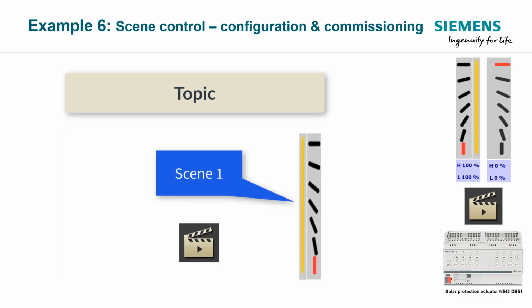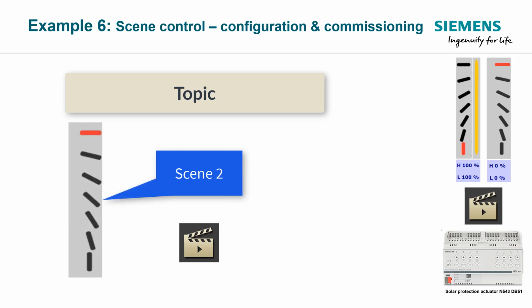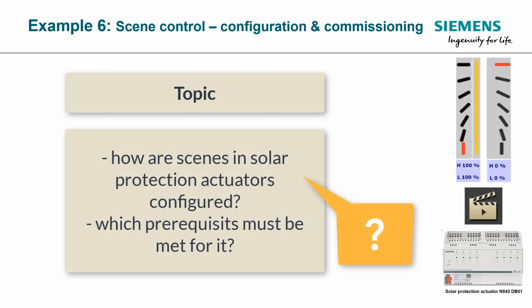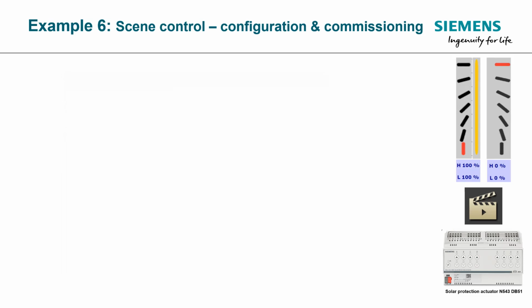Now to our topic. The solar protection should be positioned exactly for certain occasions via various scenes stored in the actuator. How is this done, and what requirements must be fulfilled?